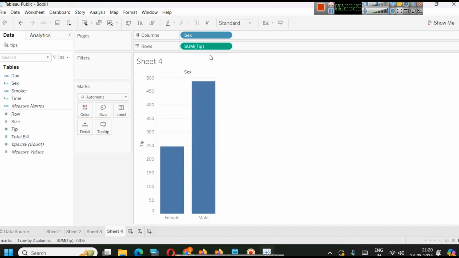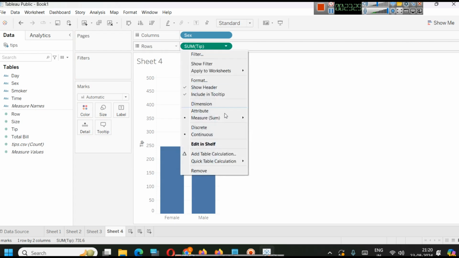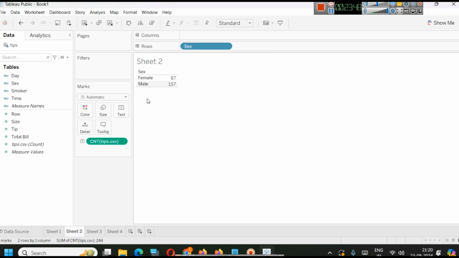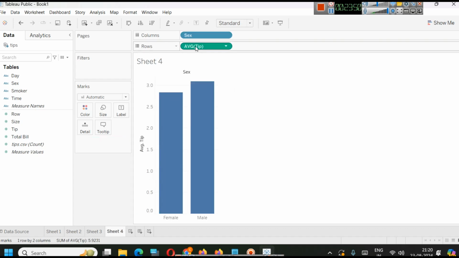We can simply drag it here, and instead of sum we can use average. In case of average, you can see this also concludes our simple point that on average the tip given by male customers was more than female customers, irrespective of how many males and females there were.